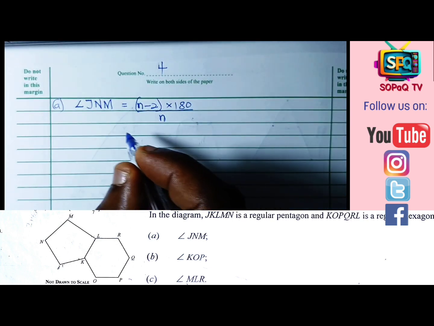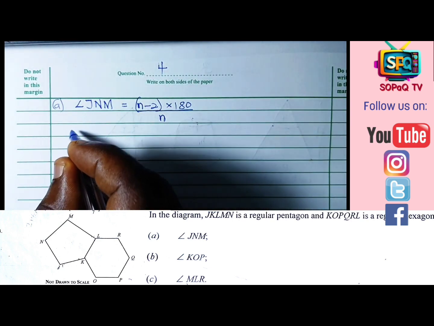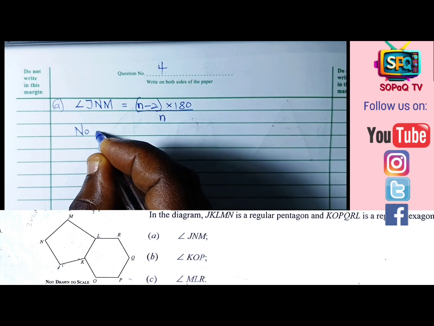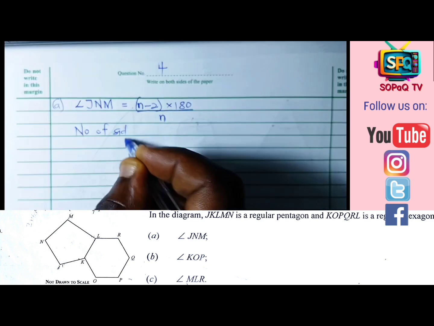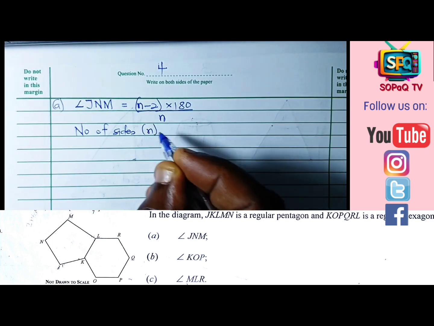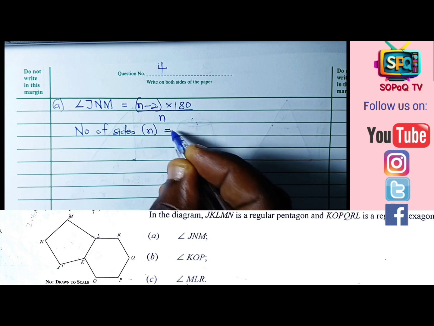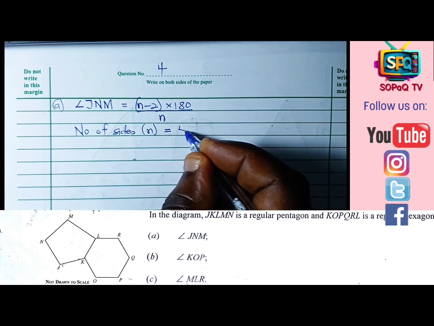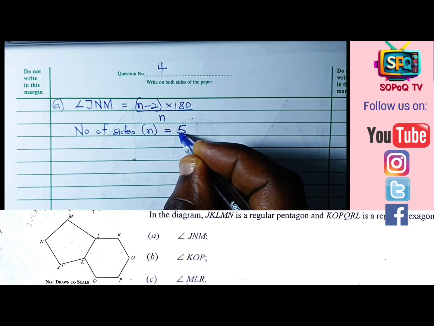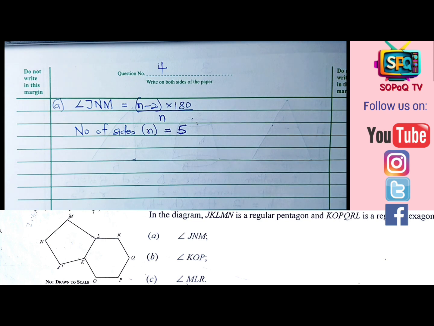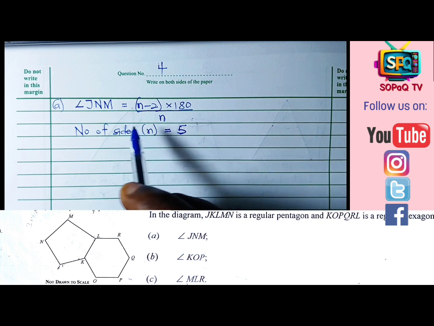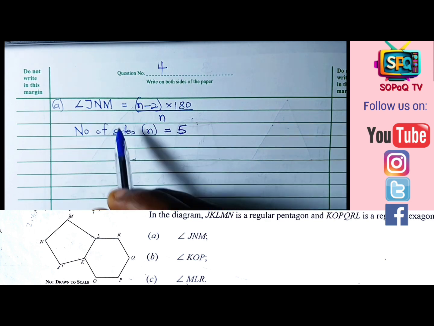And the number of sides, which is our n, because it is a pentagon, automatically will have 5 sides. So how then do we find our interior angle of J and M?